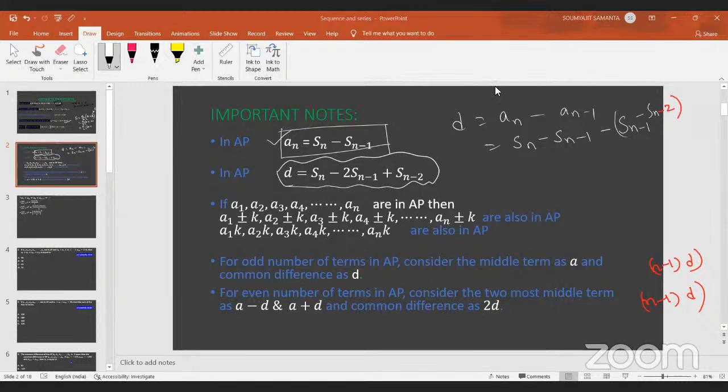So if we sum up, we'll get Sn minus 2 S(n minus 1) plus S(n minus 2). If the sum of n terms is given in the form of n, then we can easily find the common difference.